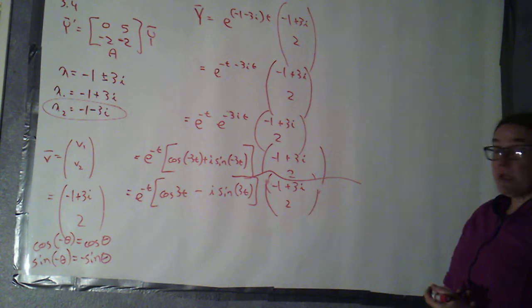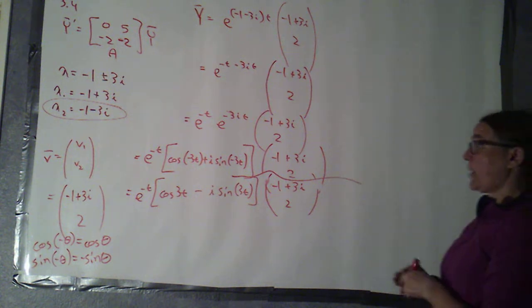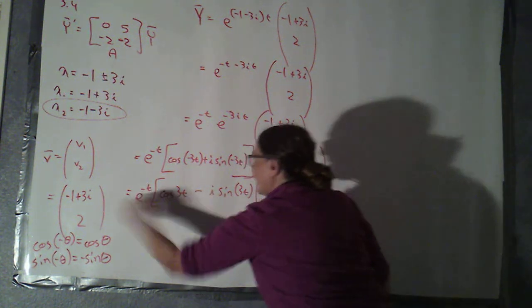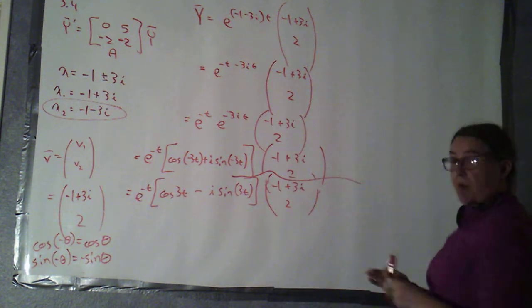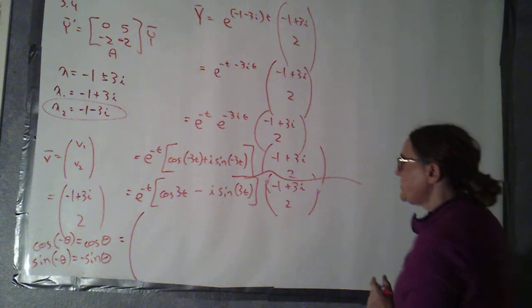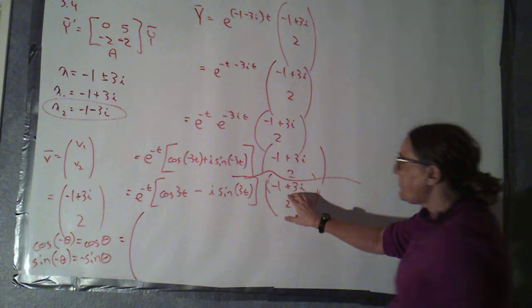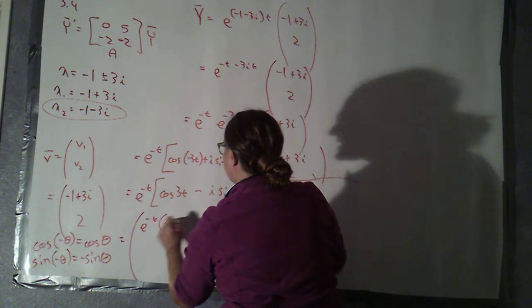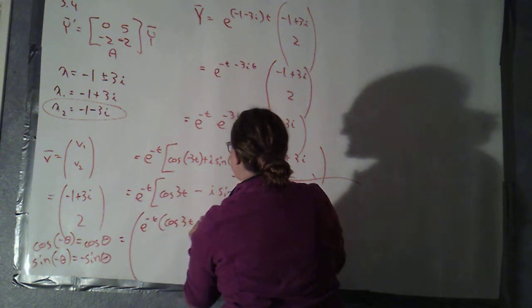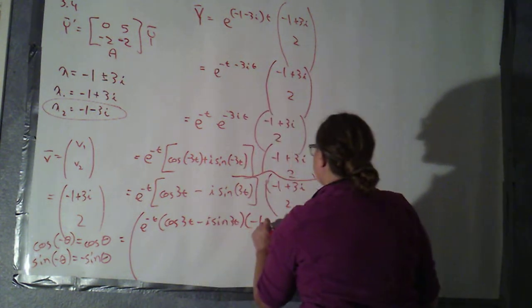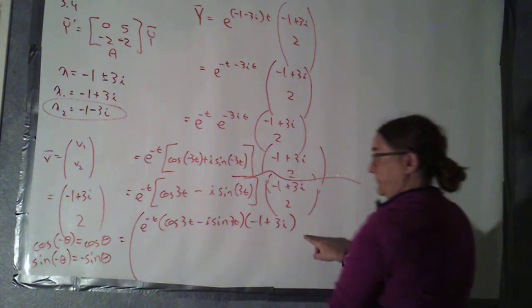Now, what I'm going to do is write out the components. So I'm scaling this complex vector by this complex function. That means I'm scaling each component by that. When I do that, on the top, I'm going to have e to the negative t times cosine 3t minus i sine 3t times negative 1 plus 3i.